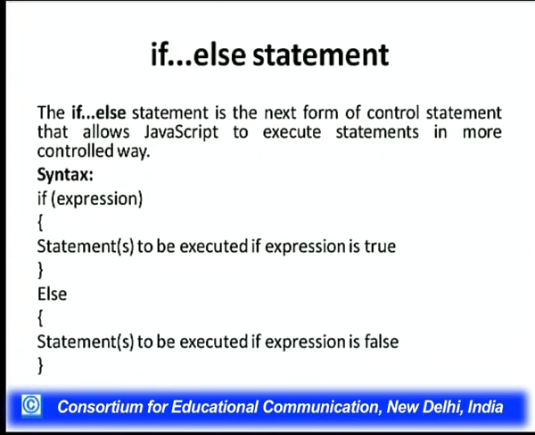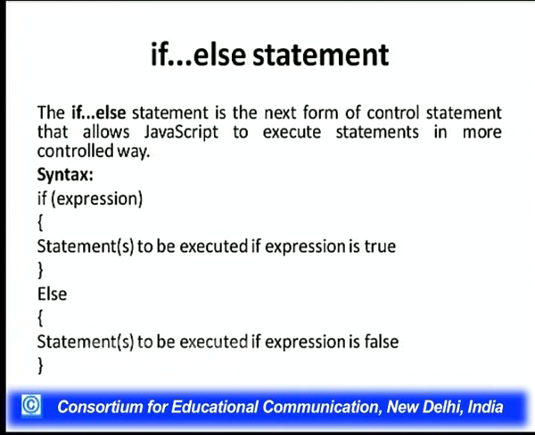Now if you have a composite condition, where you have something to do if the condition is met and something else to do if the condition is not met, that is there is a true and false, and for both you have some course of action to be taken, in that case the statement that you will use is the if else statement. It is basically the next form of the control statement, which allows JavaScript to execute statements in a more controlled manner, because you are specifying for both conditions.